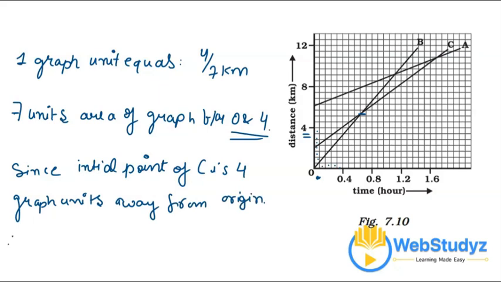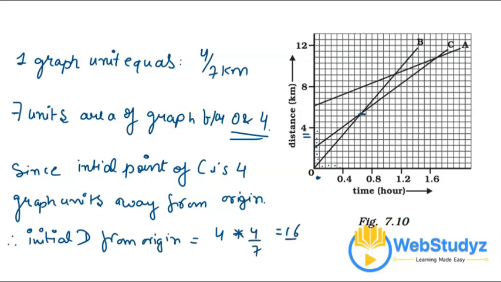So the initial distance, we will represent as D from origin, equals 4 into 4 by 7, that is 16 by 7 kilometers, and on dividing 16 by 7, we will get 2.28 kilometers in decimals.